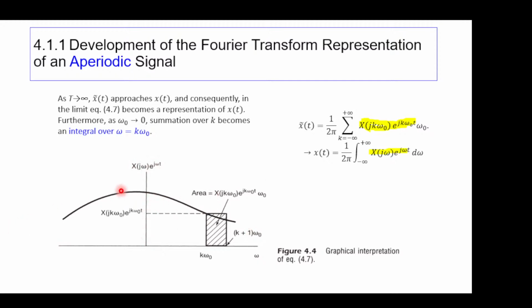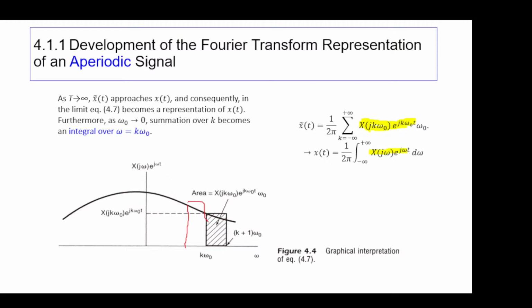So this summation will be like summing over area of this function with staircases with a lot of rectangles, right? Think it will be a lot of rectangles like this with spacing being omega naught.